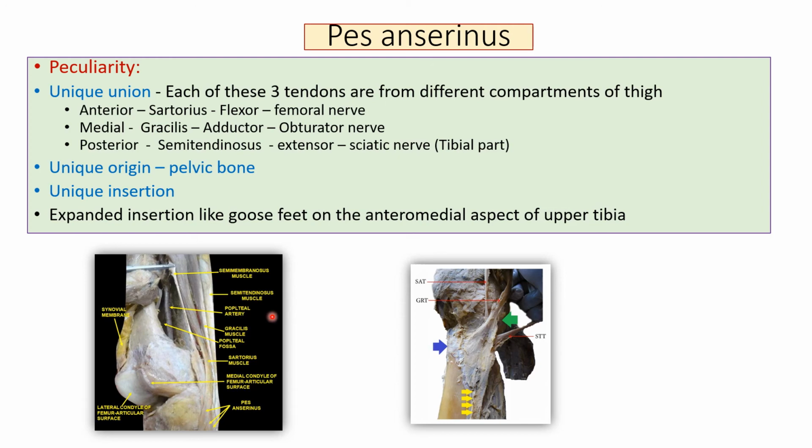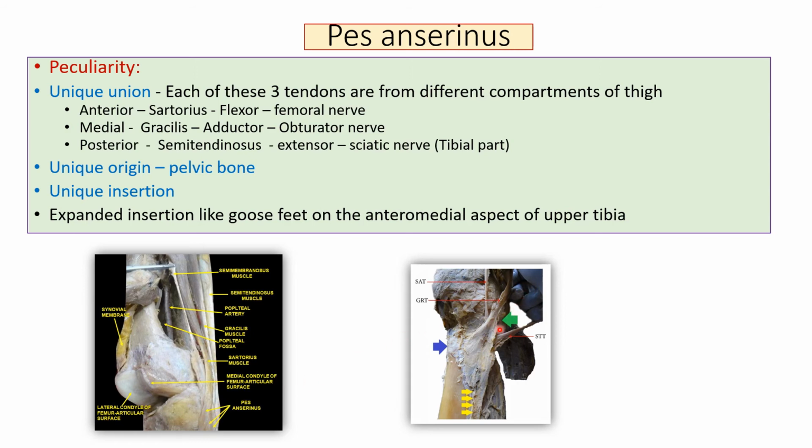So from posterior to anterior, we are seeing the semitendinosus, gracilis and sartorius. Sartorius is the anterior one, in the middle is the gracilis, and posterior is the semitendinosus muscle, and their expansion and insertion onto the anteromedial aspect of the tibia you are seeing.